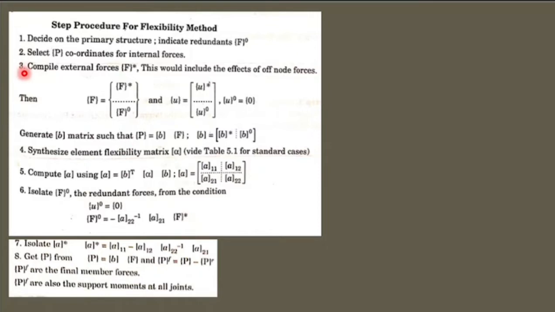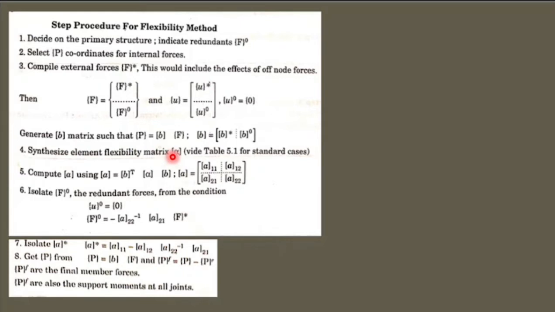So the third step is to find the force P. P equals B matrix into F matrix. So you have to find the B matrix, which will be informed to you. The fourth step is synthesizing the element flexibility matrix, that is the alpha matrix.